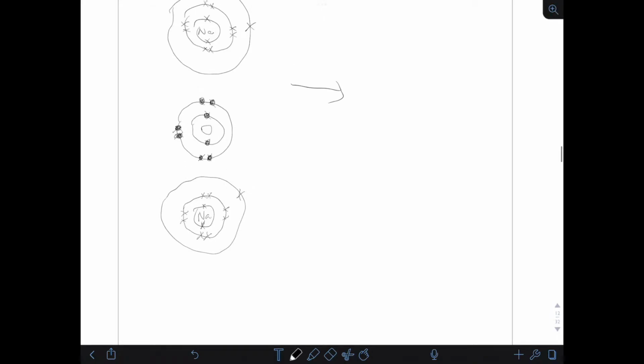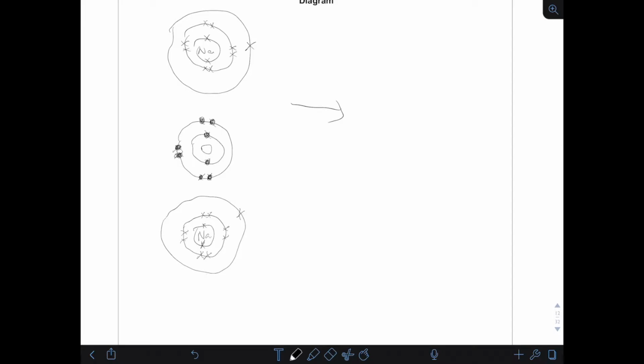Okay, so you've got a bunch of electrons, and then now after the arrow you essentially have a bonded structure. Again, I need to make sure that I know what indicators I'm using, because now it actually matters.